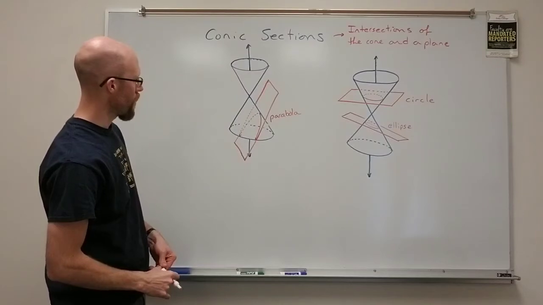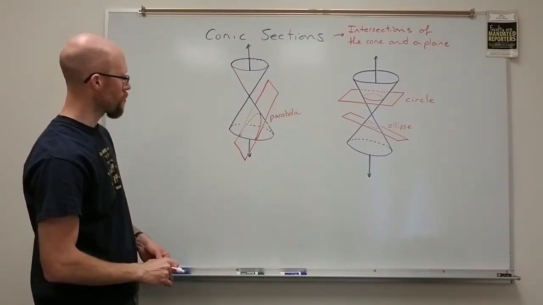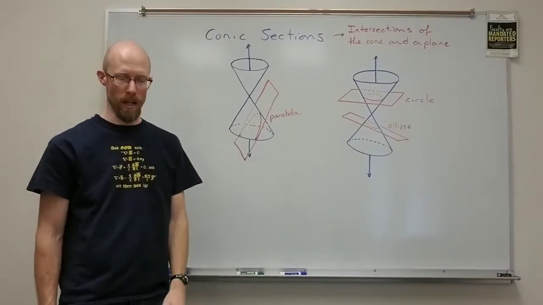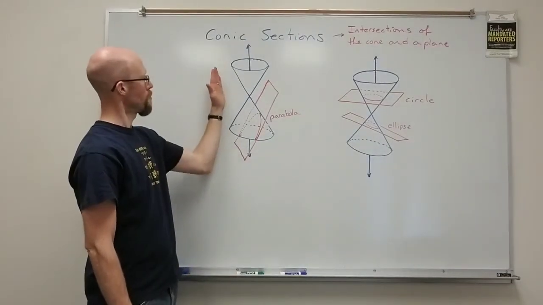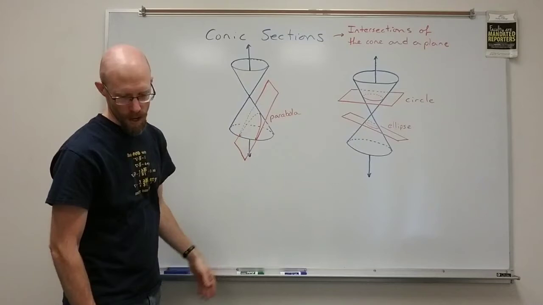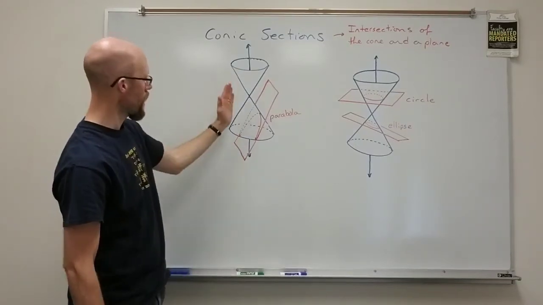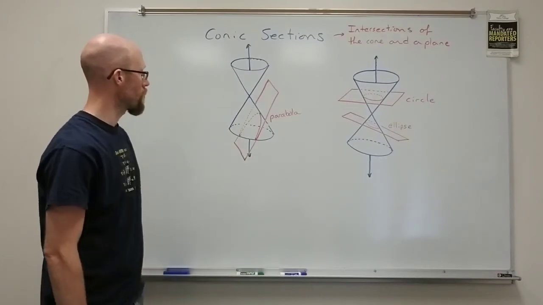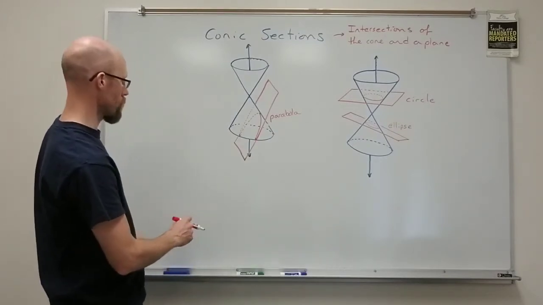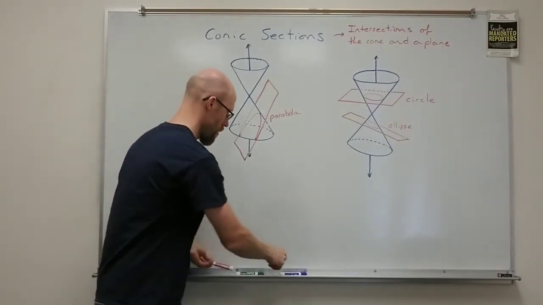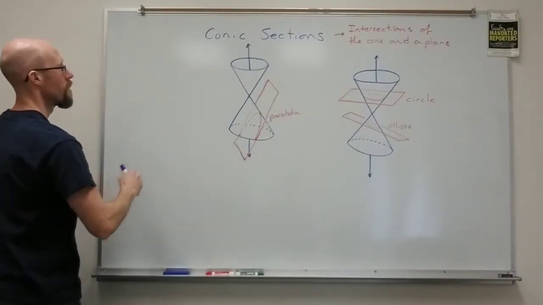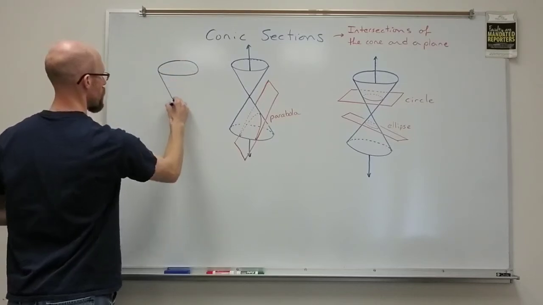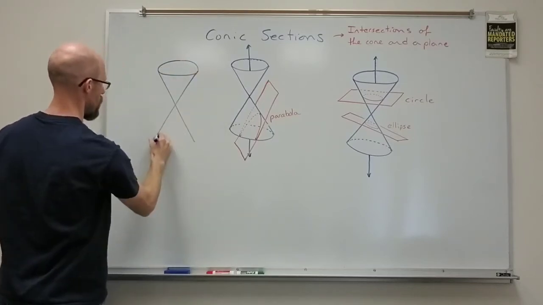And so finally, if you take a plane and actually intersect both nappes with the plane, it could be more of a parallel to the axis, or it could still be on an angle but still intersecting two of the nappes. What you'll end up with, and this one's going to be really tricky to draw, so I may actually redraw on another example here, another cone. Try to do this quickly.